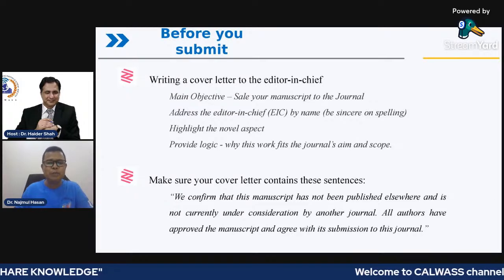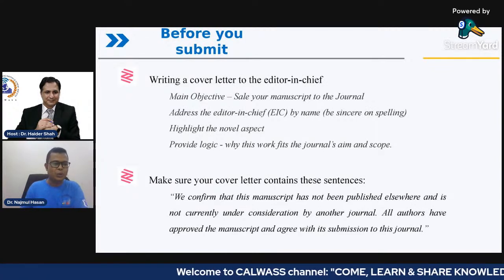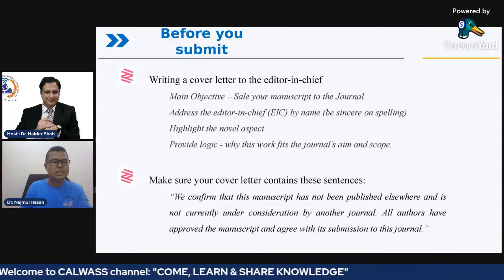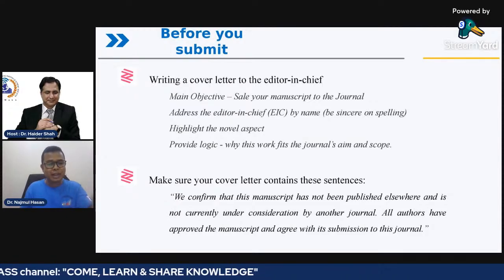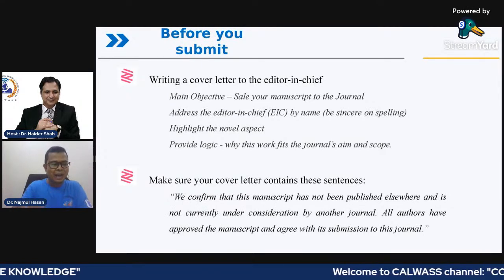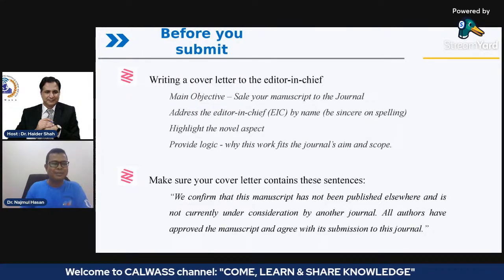So to sell your manuscript to the journal, please highlight the novel aspect. As I talked about in the last slide, what's new in your paper, please focus on and highlight in the cover letter: what's new in your paper, why it is important, and what the prospective contribution to the scholarship is, right?